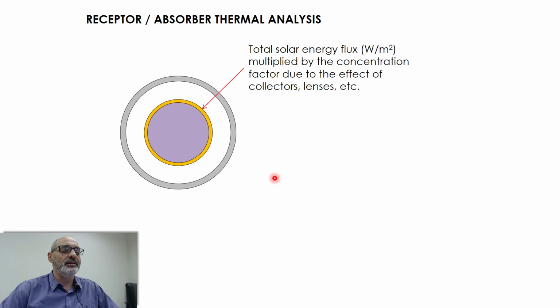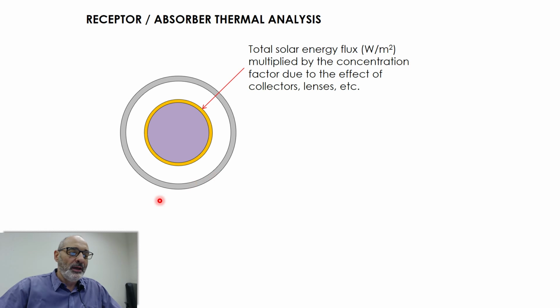Let's analyze how this works. In this sketch, you have the working fluid here, oil or salt. You have the collector tube here in kind of yellow. I don't know what color this is. You have vacuum here, and you have the glass tube here.